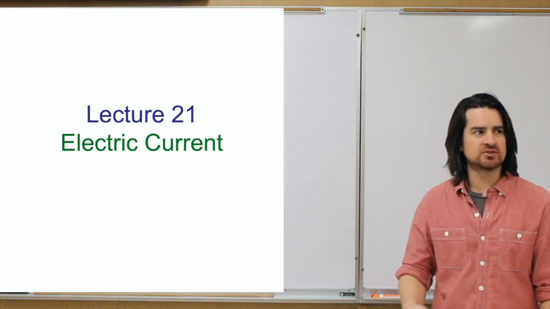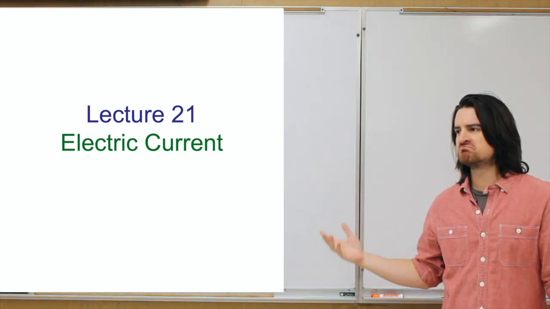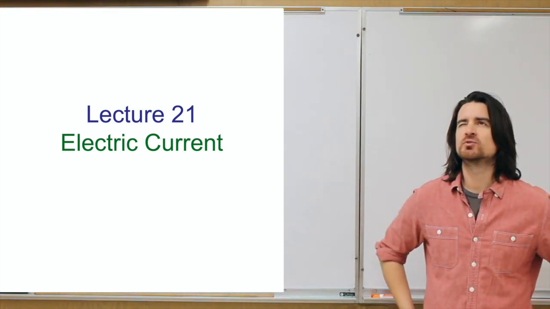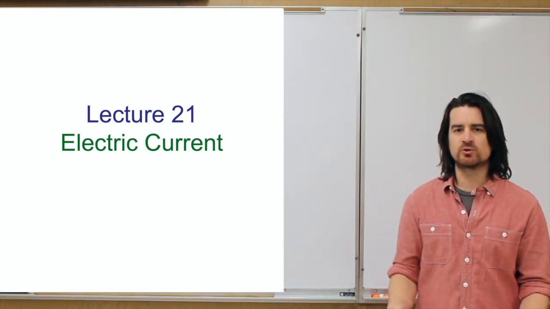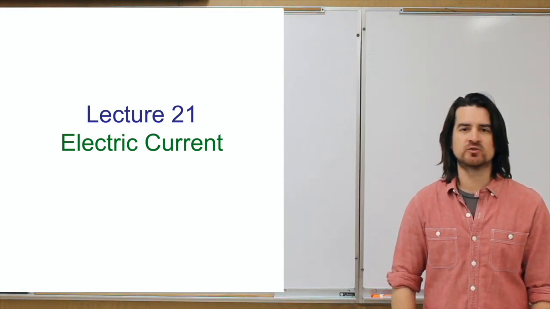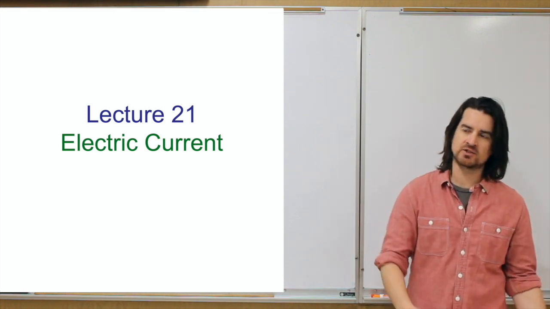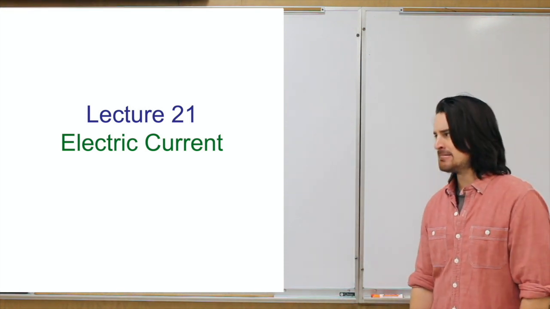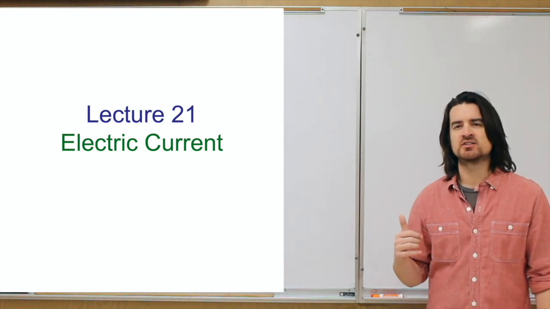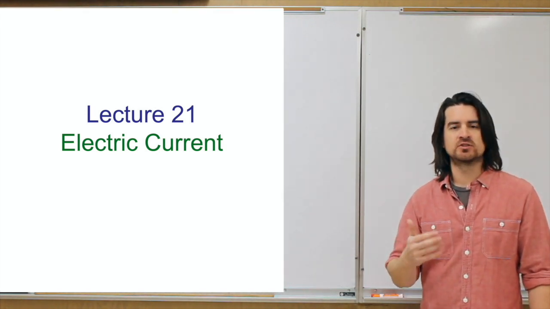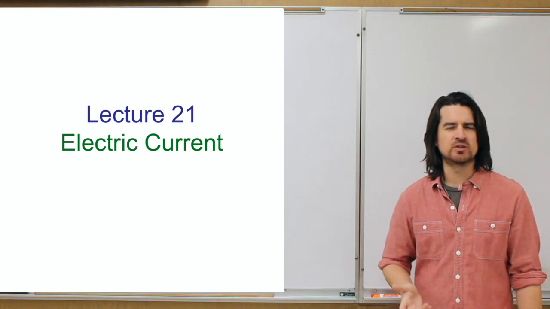So in the last lecture, we looked at electricity and the fundamentals of electric fields and the forces between electrically charged objects like electrons and protons. That lecture was called electrostatics because it looked at things that are electrically charged but aren't really moving around.